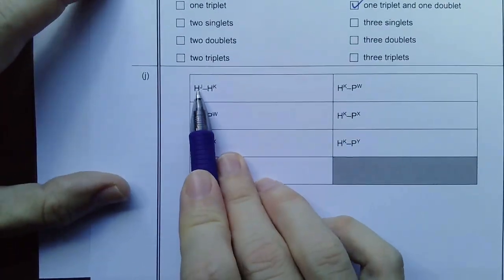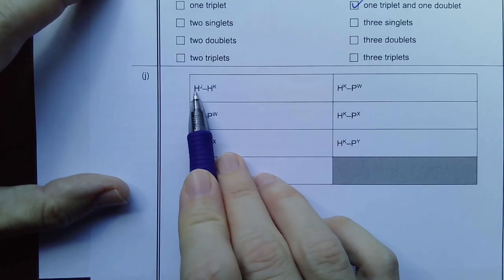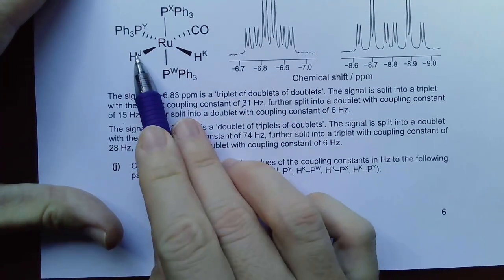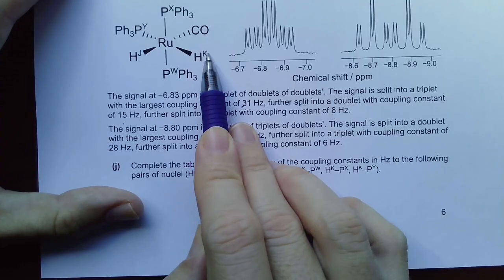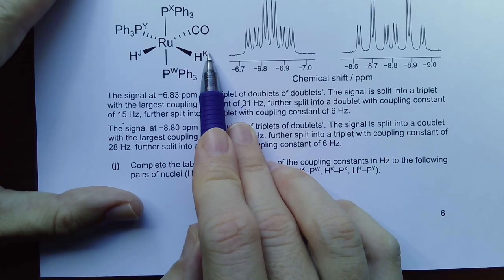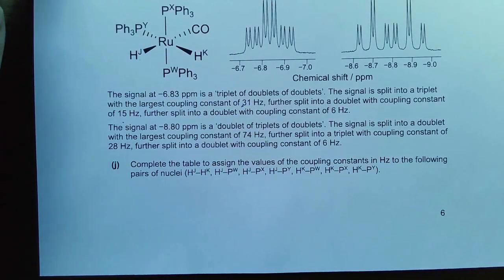If I've got hydrogen J and hydrogen K, HJ and HK, it wants to know what's the coupling constant between those two.